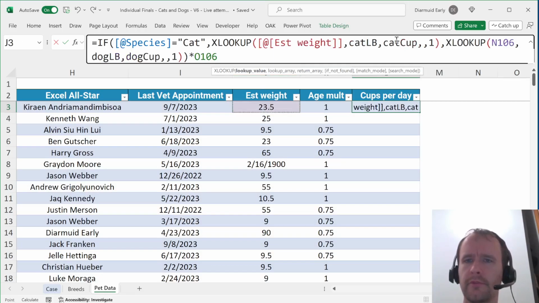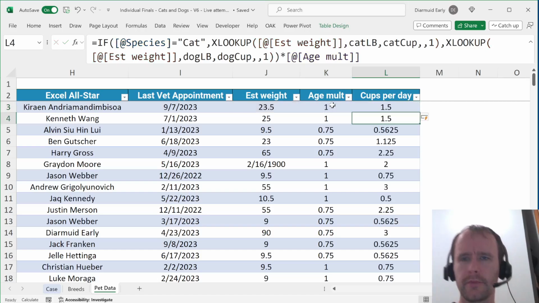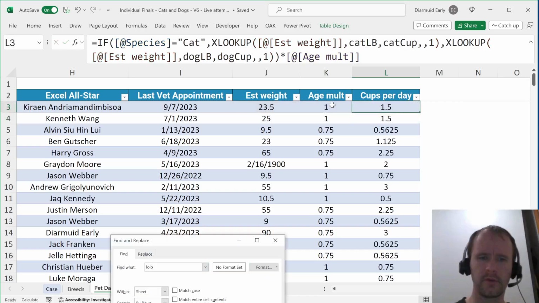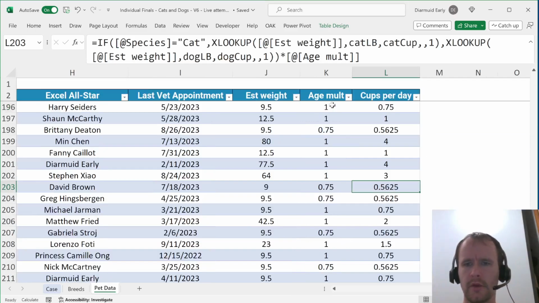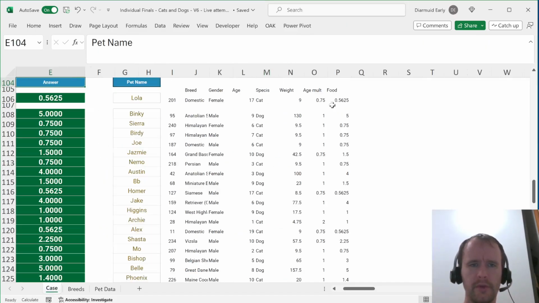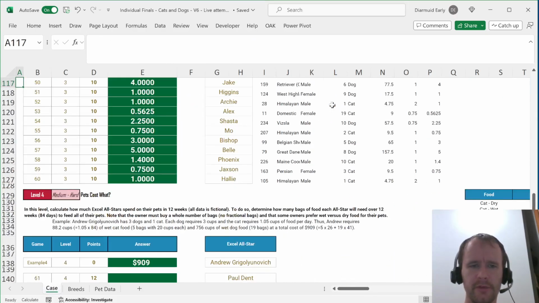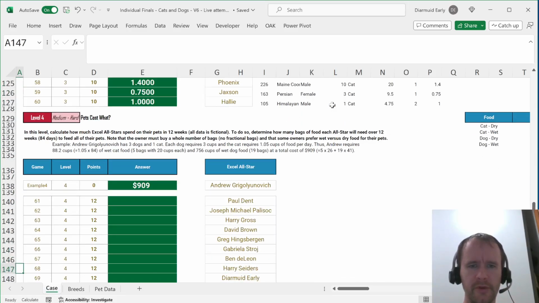Yeah, I do need extra brackets there. Otherwise, look up the weight in that and multiply it all by the age mult. Okay, so then if I look for Lola, that's my 0.5625. Good. All right, so I really should have looked at the instructions for levels 3 and 4 together and realized I could have saved myself a lot of effort, but never mind.